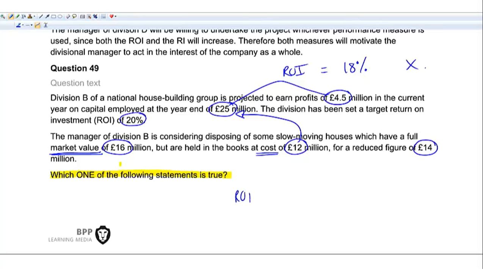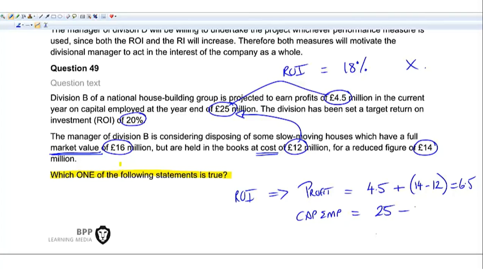The impact on return on investment, well, we need to look at the impact on profit firstly. At the moment profit is 4.5. If he sells the houses, he will sell them for 14. They are held in the books at 12, so he will make a profit of 2, and therefore profit will increase to 6.5. Capital employed will fall.